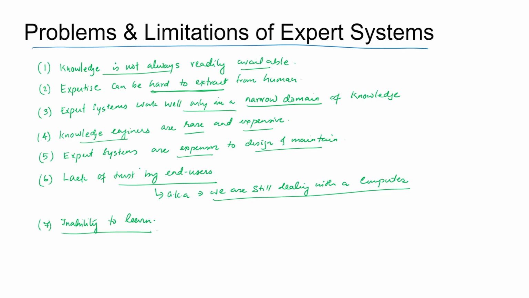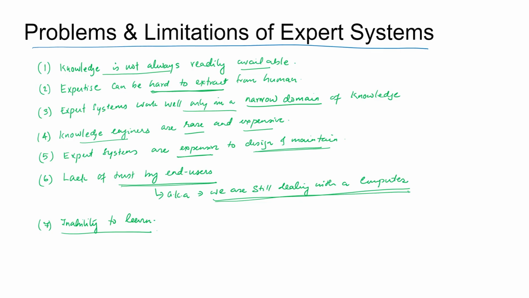The next one is expert systems are expensive to design and maintain. To build and maintain them, you will need to spend a lot of money. And then another major issue is lack of trust by end users, because of the thought process that we are still dealing with a computer. And the last one is inability to learn.